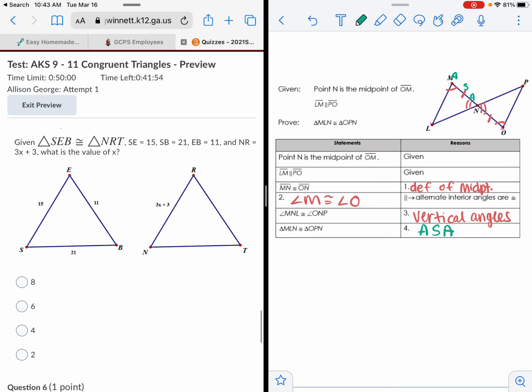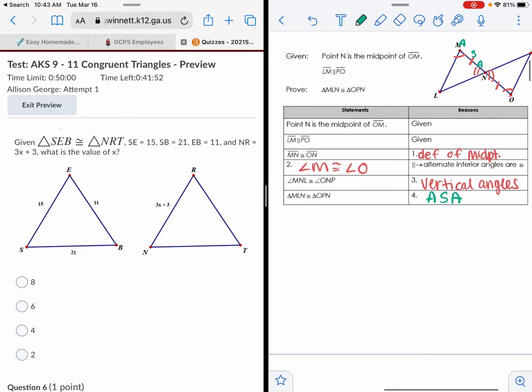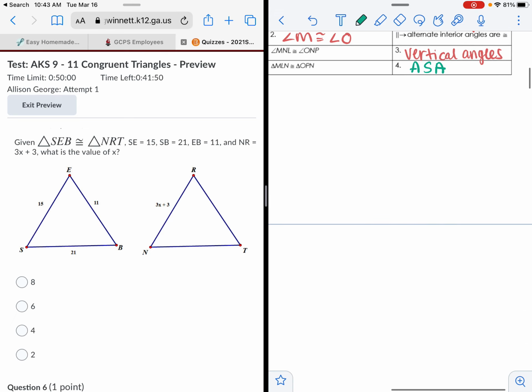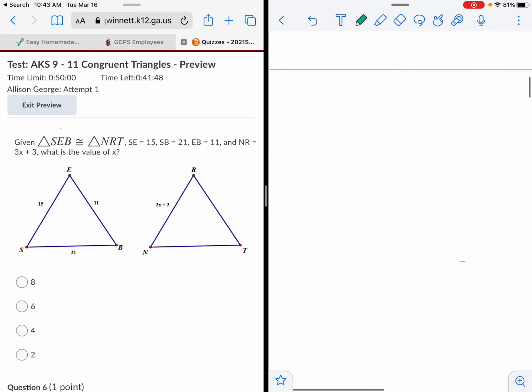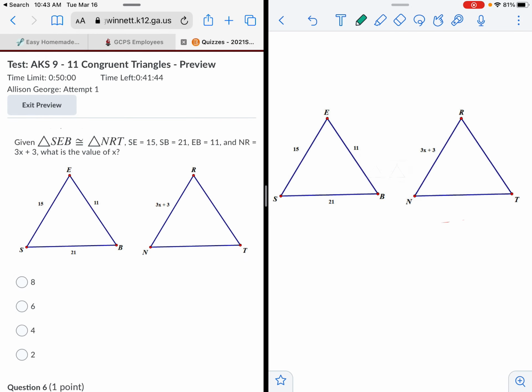All right, looking at the next one, I'm given that the triangles are congruent. I need to solve for the missing pieces, or solve for x. So if SEB is congruent to NRT, that means SE must correspond with NR.